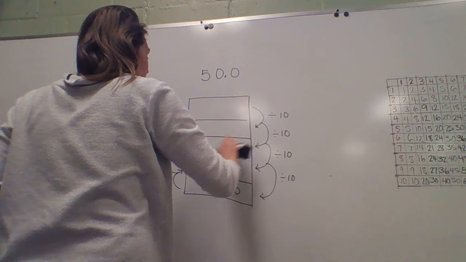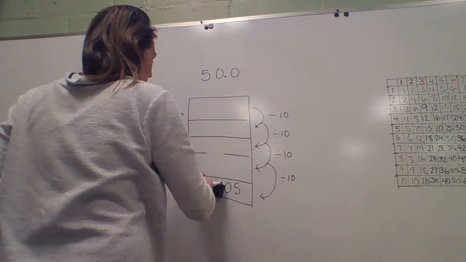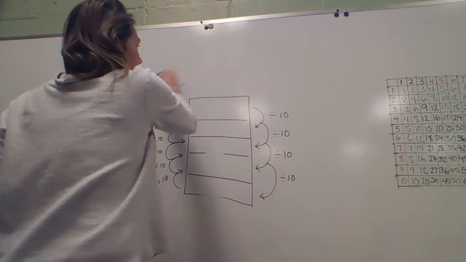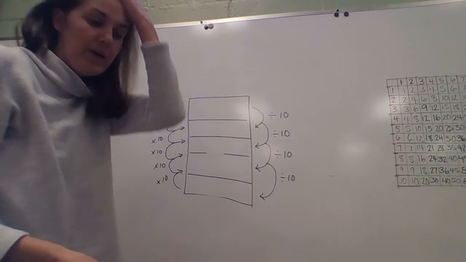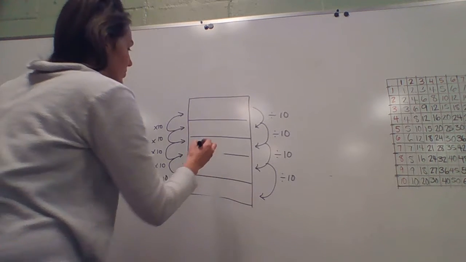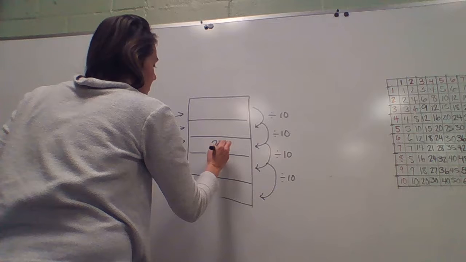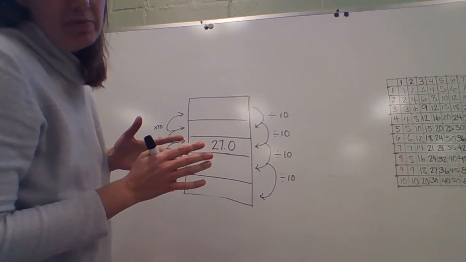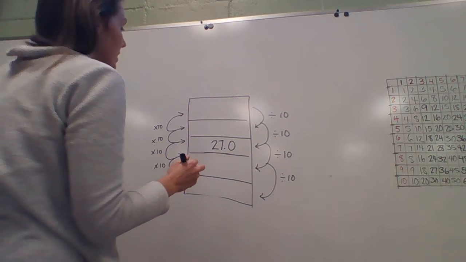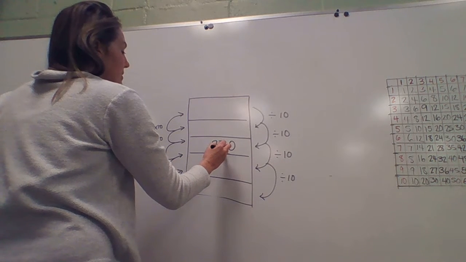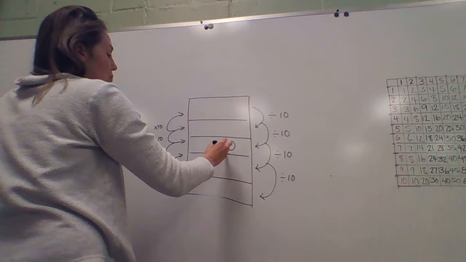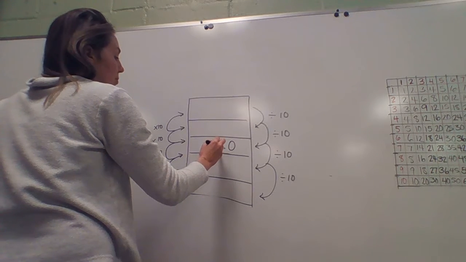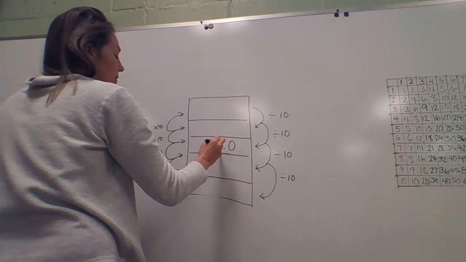The second table looks very similar, but this time we're going to be working with 27 and 0/10 as the middle number that we're starting with. So now, okay, if I divide by 10, I'm going to move my decimal point one place value to the left.